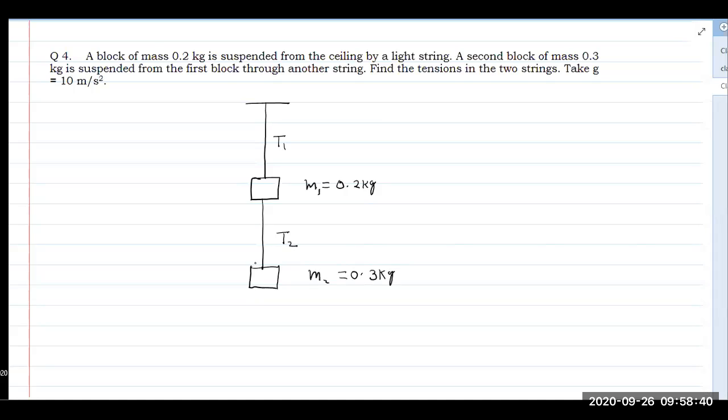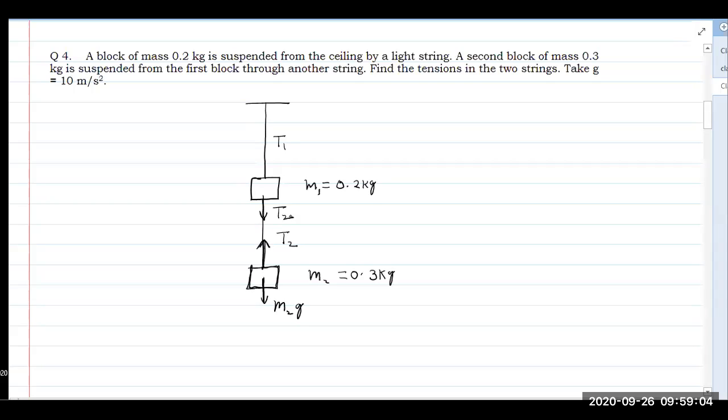So if you see at M2, what are the different forces acting? On M2 we have M2g acting downward and there is a tension T2 acting upward. This is the only force acting on M2. Similarly on M1 we have a tension T2 acting downward. See, tension is always a pulling force.